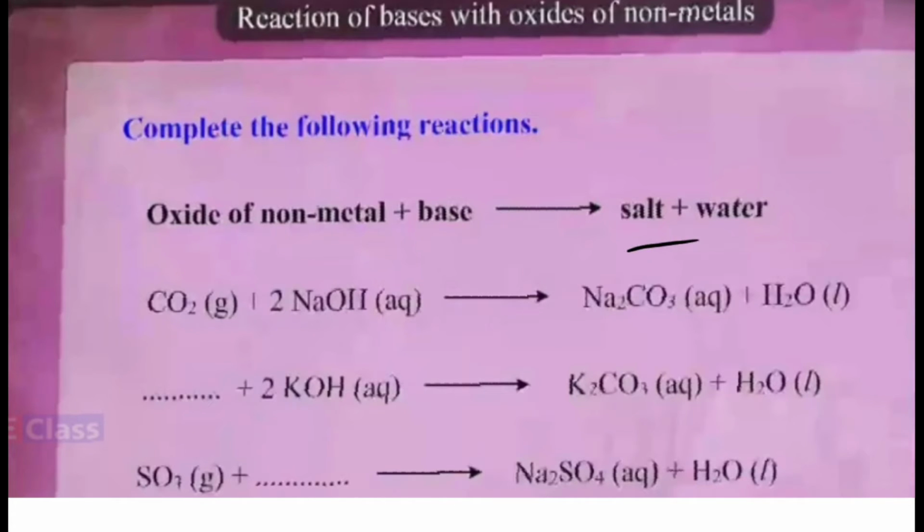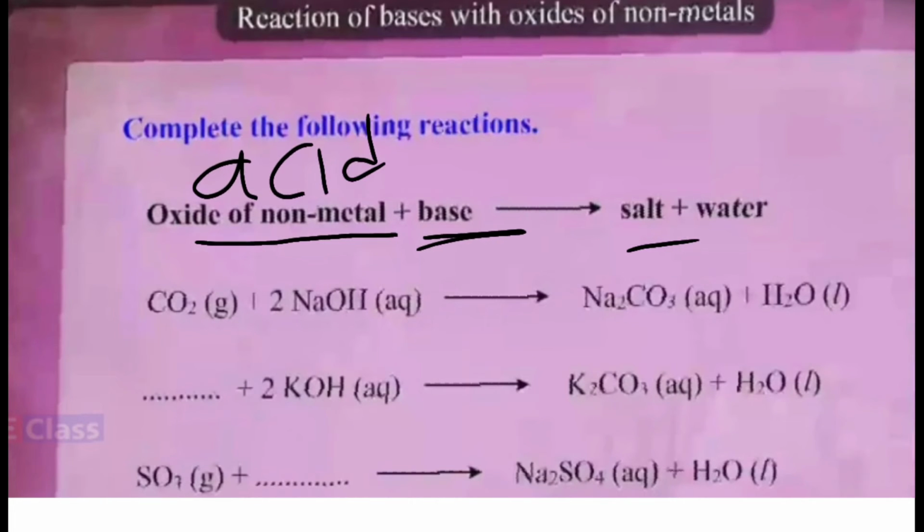You have salt and water. Here you have base. Right? This is base. Then what must be this part? Tell me. Dash plus base gives you salt plus water. Yes, it should be acid. So, oxides of non-metal are acidic in nature.